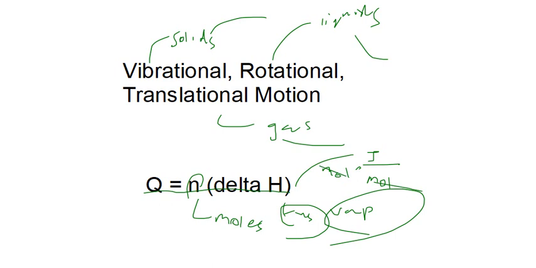Moles cancel out, leaving you with J as your unit of energy. When it refers to molar heat of fusion or vaporization, it just means the amount of energy that is required to convert or liquefy 1 mole of a substance to the next phase.